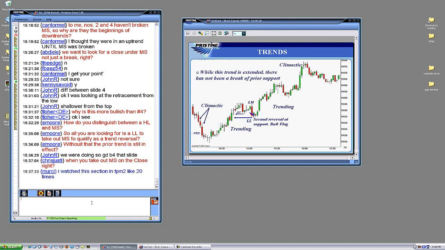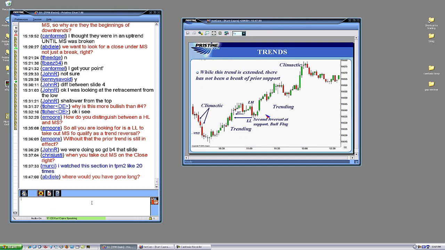This move down never once put into question the prior move up. And also, you might look at these bearish bars and say, well, you know what, Kurt? These are some pretty bearish bars. And I would say, yeah, I agree, but did they have any follow-through?